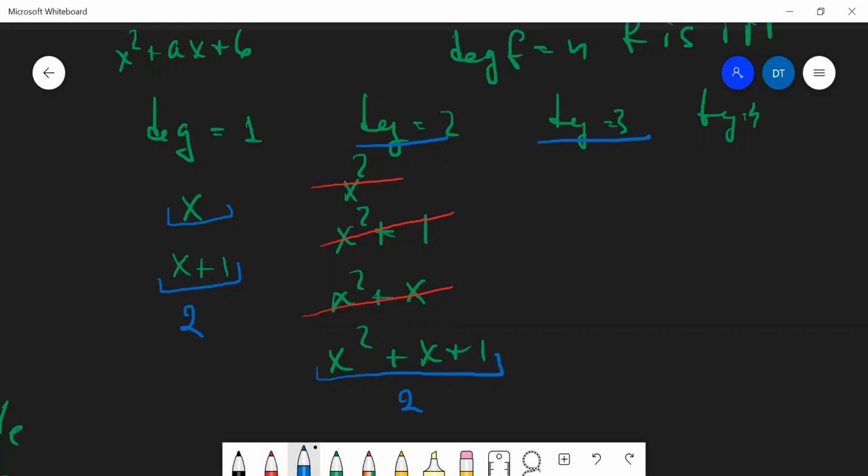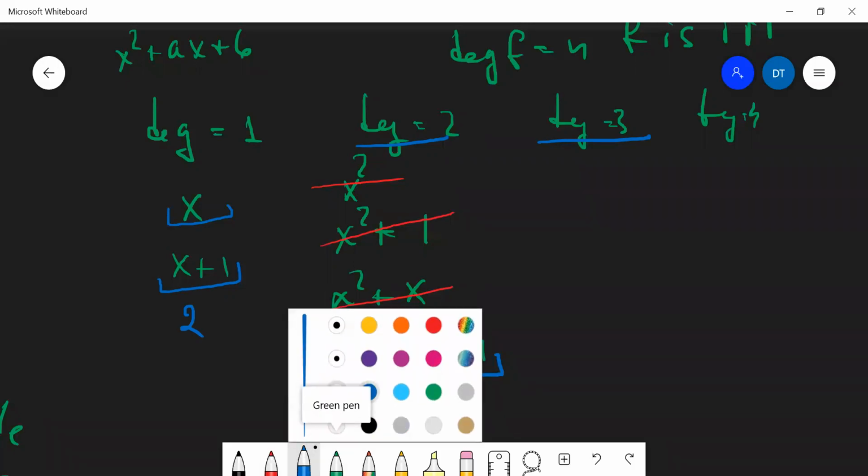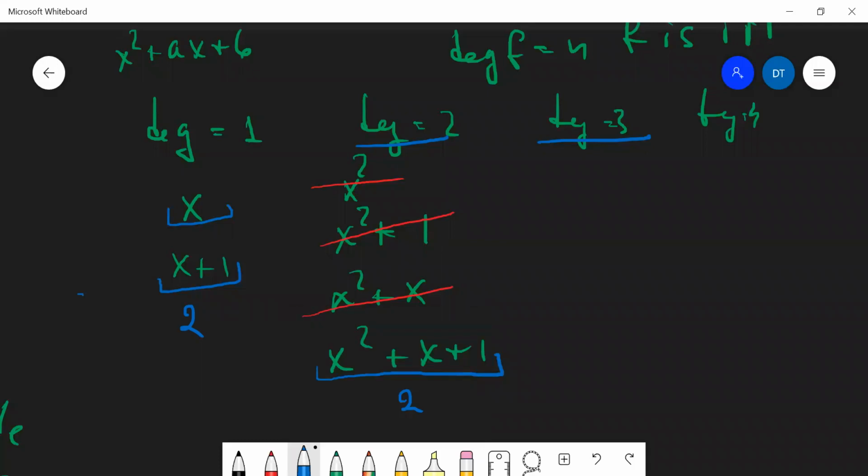So this is the first way to check which one is irreducible. The second option is this one. We know that a reducible polynomial must be a product of polynomials of smaller degree. So you just multiply all possible polynomials of the smaller degree with each other, and you get these options.